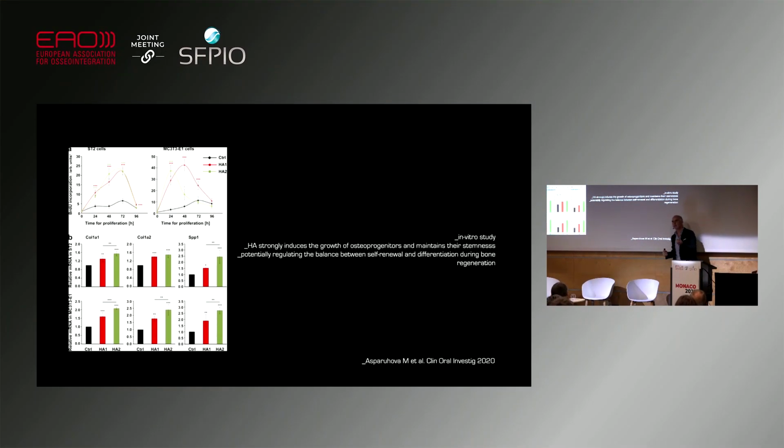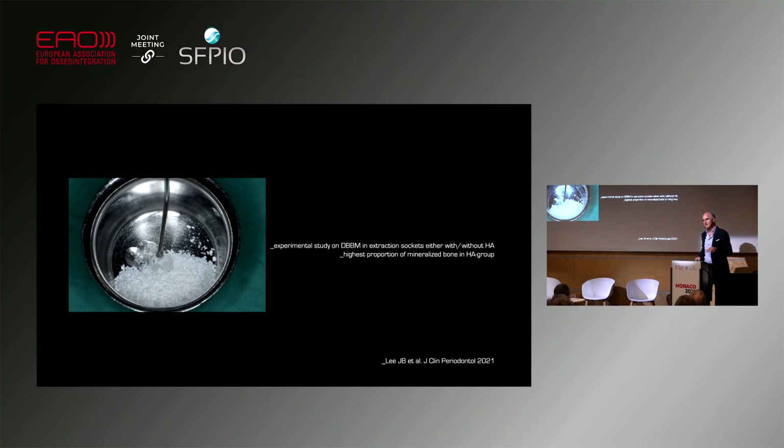So suddenly we understood why there is a scarce amount of DBBM particles, which we had never seen in the literature. So we went back to the studies, and then we saw clinical studies coming up, of course also with different formulations, but they see pretty much the same. This is an experimental study, animal studies, on ridge preservation with DBBM material, either with or without hyaluronic acid.